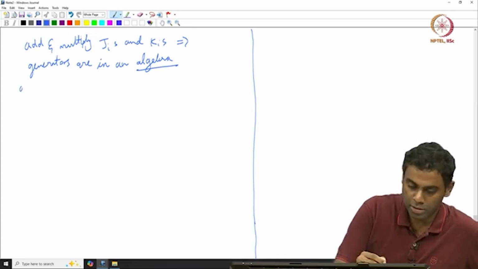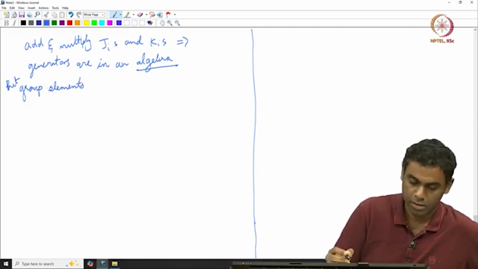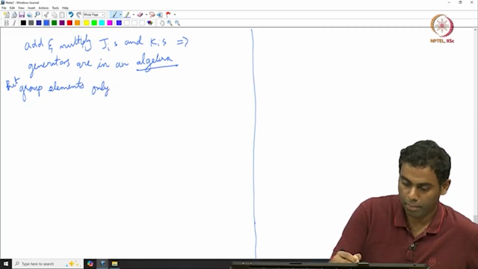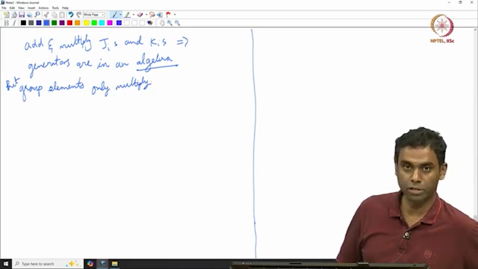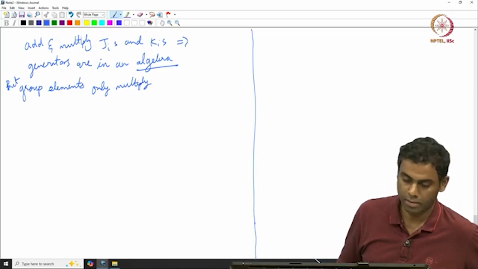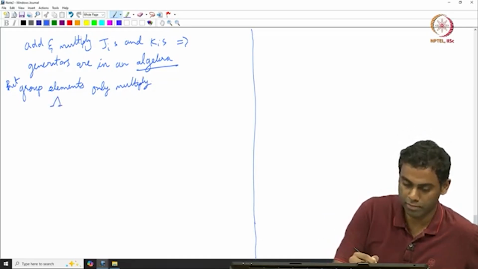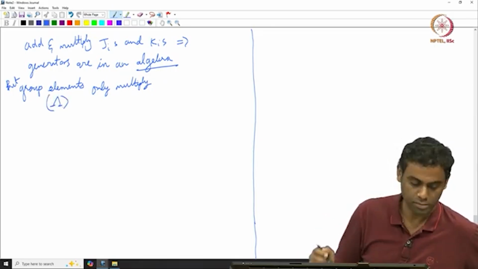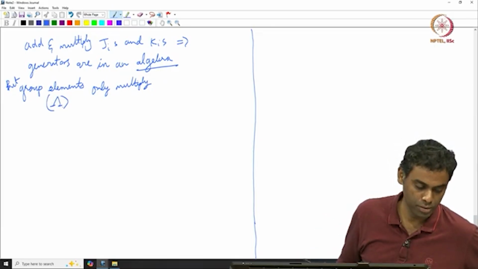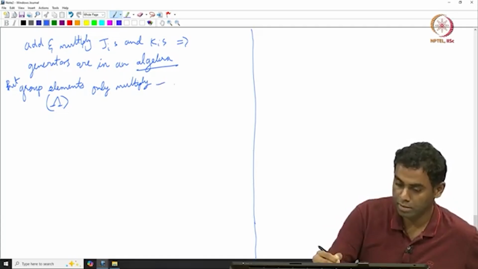Whereas the group elements, you can only multiply them when you want to do these transformations and so on. So the group elements are these. So they are in a group basically.